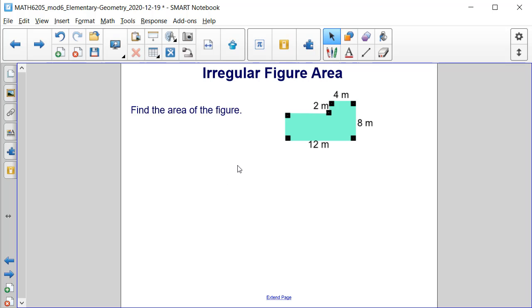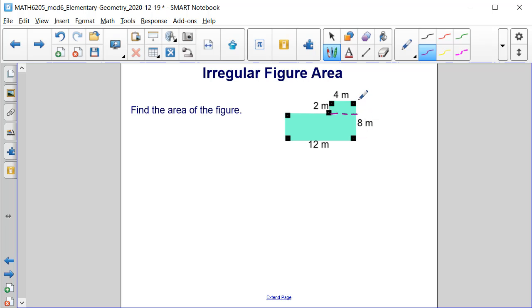Find the area of the figure. So the first step in this process is to divide or split this diagram into two smaller figures. So I see two rectangles, one on top and one on the bottom. We already know what the length and width are for the top rectangle, but this 8 meters is getting split up.